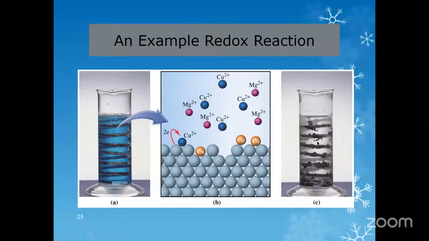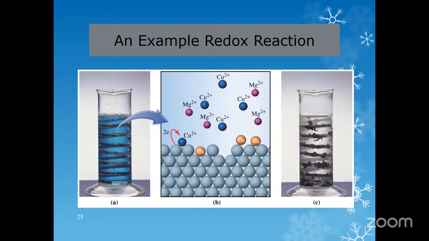We were discussing the example of a redox reaction where we put magnesium in a solution of copper 2 sulfate. And just to remind you of the equations for the reaction that we're talking about here, as soon as I can find my pen.